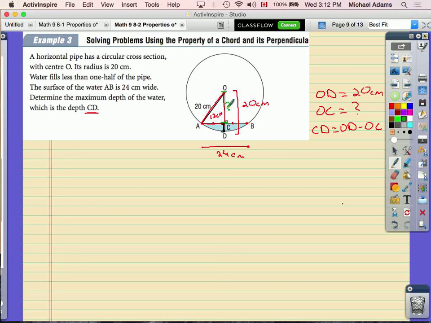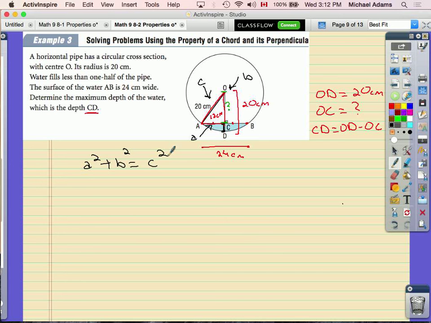Let's say I'll call this side A, and I'll call this side B, and this side obviously is going to be C because it's the hypotenuse. So my formula is A squared plus B squared equals C squared.